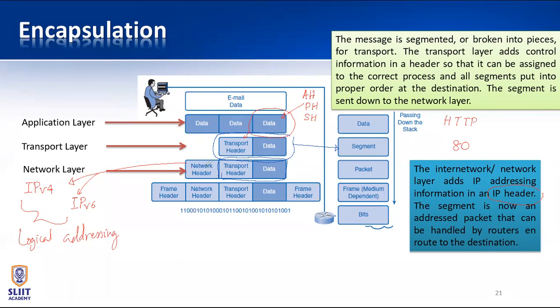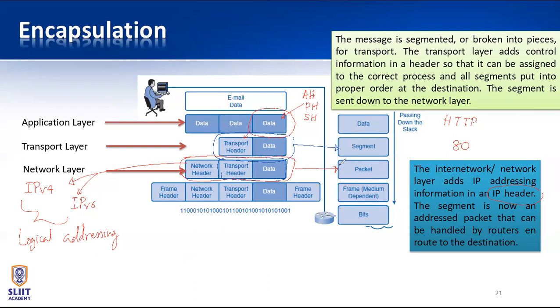So the whole portion, this segment plus this network header, we call a packet. A segment includes the transport header and the data. When you add all of these things together with the network header, or IP header, we call it a packet. That's the usual way of describing data transmission.